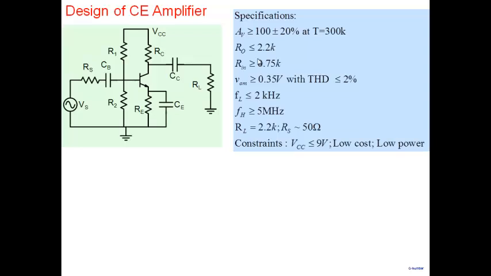And so you have overall specs for a 4-stage amplifier, and this is a part of that 4-stage amplifier here. So from the overall specifications of that 4-stage amplifier, you derive the specification for this particular stage here.